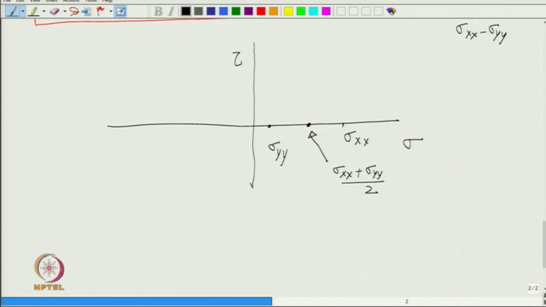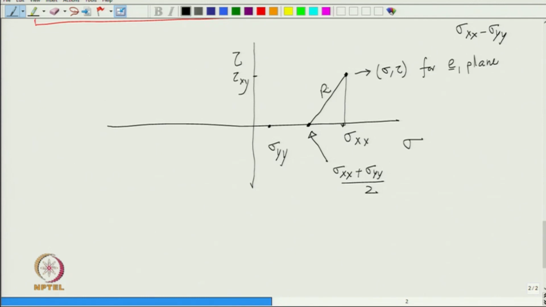Okay. So, you also find out where is tau x y, let us say it is somewhere here, tau x y. So, this point corresponds to sigma tau for E1 plane. Okay. Join it with sigma x x, and you will see that this line is actually the radius.